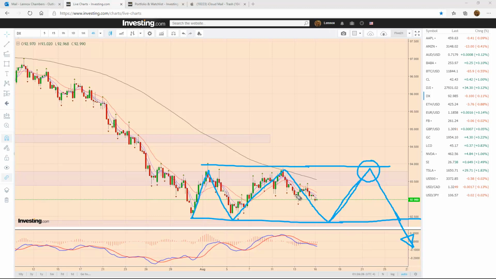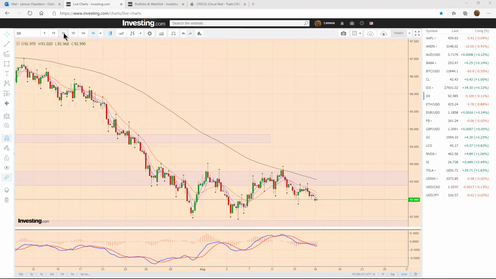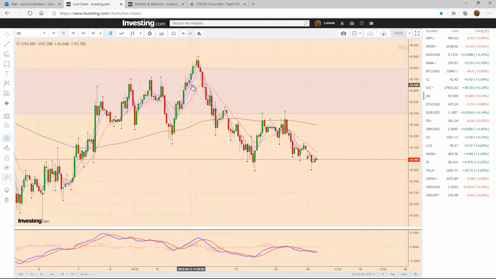So we'll see how this plays out. But right now, in the shorter term, we're looking at continued weakness in the US dollar futures index. And you can see that at this level, we are definitely looking pretty weak to the downside here. All right, so that's the takeaway for the US dollar futures index.